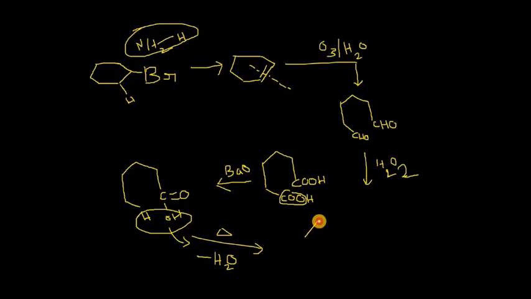Let us see, it is a 5-membered ring. Now we will be obtaining this, with the carbon with the double bond here. This is what we obtained, the final product of the reaction.